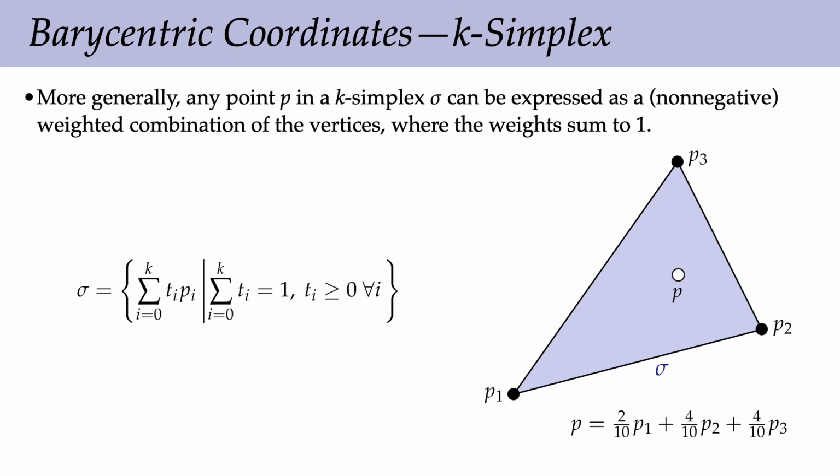In general, the simplex itself consists of all points that can be written as the sum from i equals 0 up through k of t_i p_i for some weights t_i that sum to 1 and are greater than or equal to 0. These weights, these values t sub i, are called the barycentric coordinates.